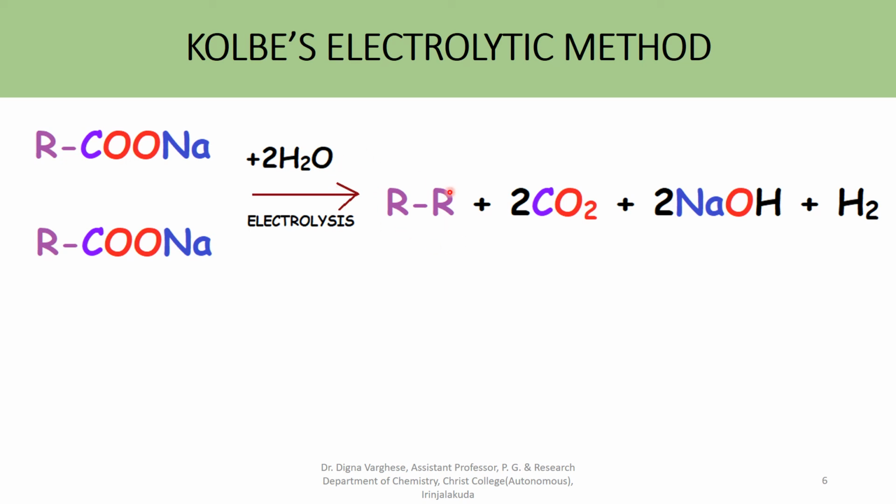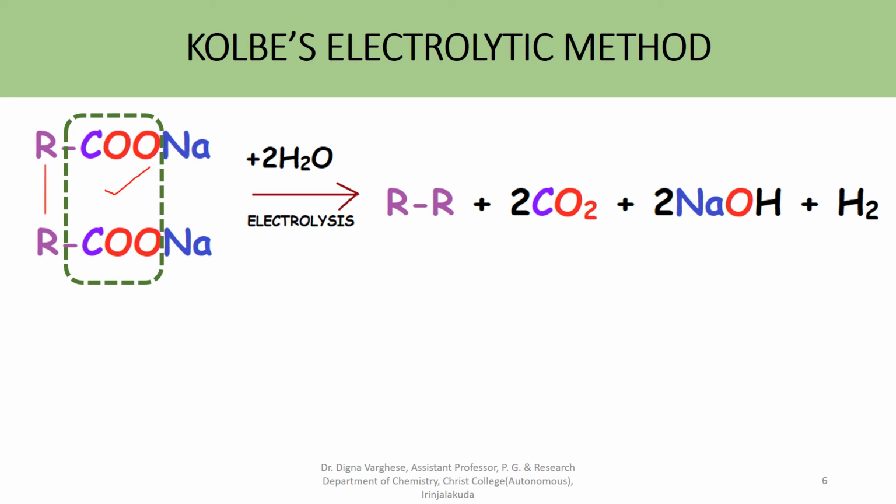This process is known as Kolbe's electrolysis or Kolbe's electrolytic method. Here you can see in Kolbe's electrolysis the removal of 2 carbon dioxide, that means it undergoes a decarboxylation reaction.